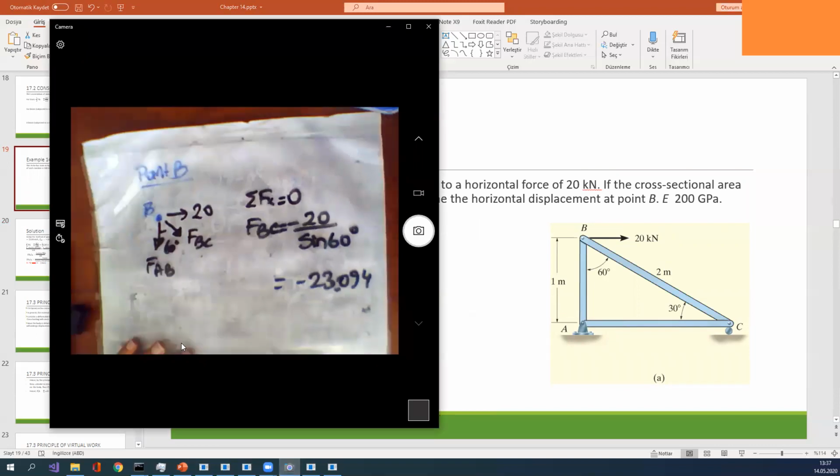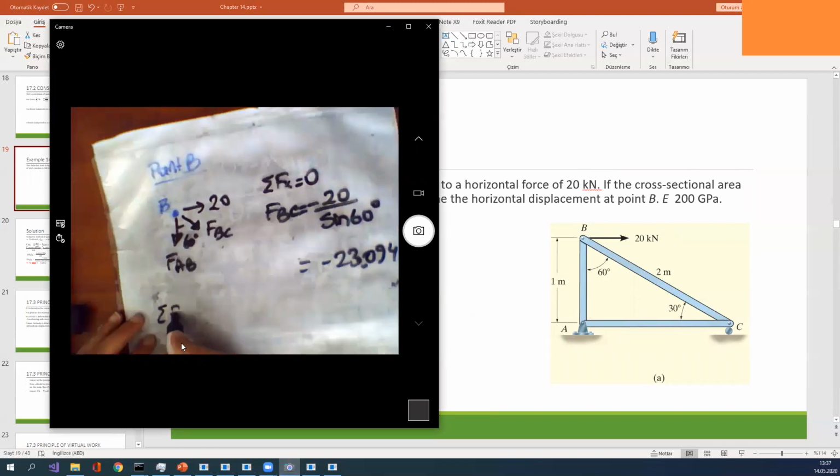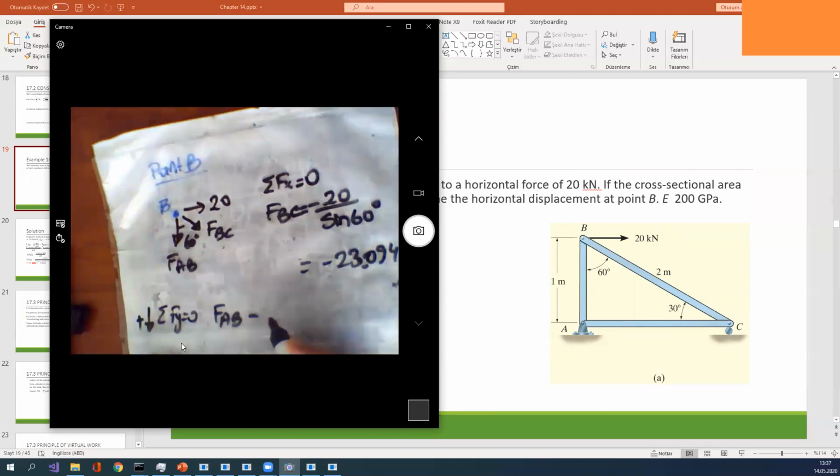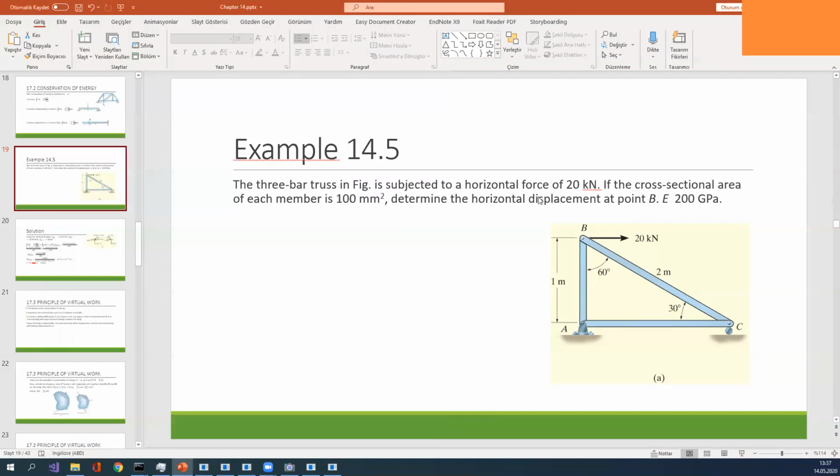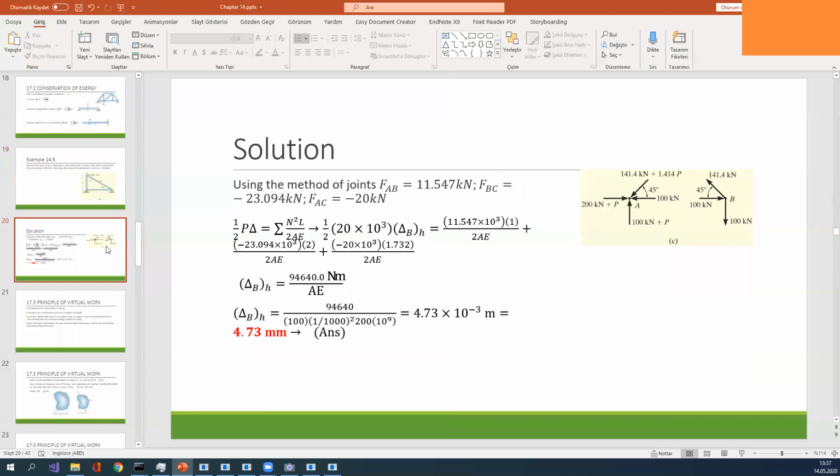Also, sigma Fy is equal to 0. Taking FAB positive, FAB minus 23.094 times cosine 60 is equal to 0. So FAB is half of this, 11.547 kilonewton.